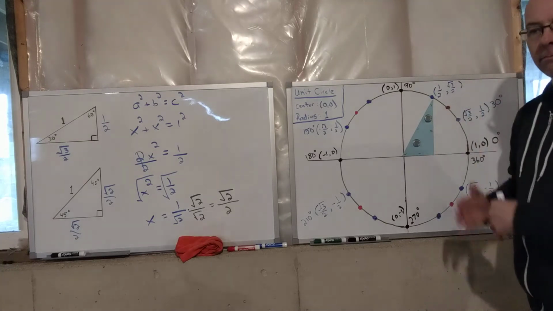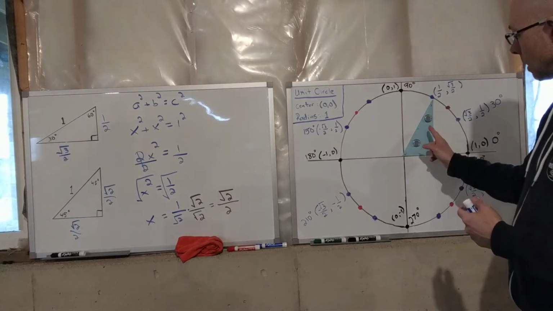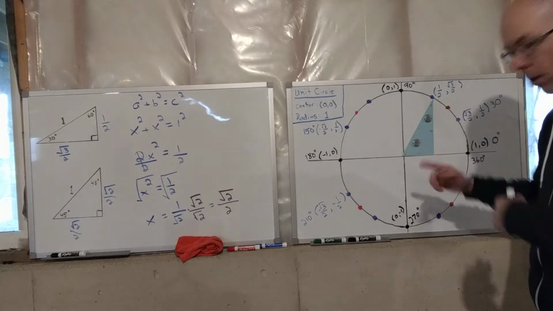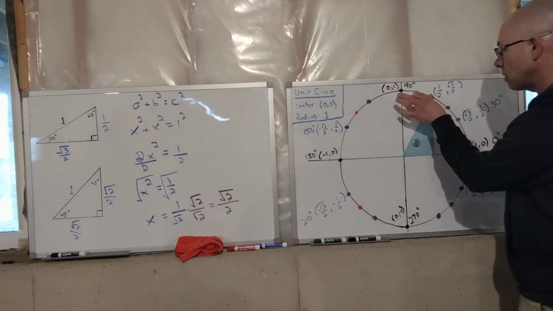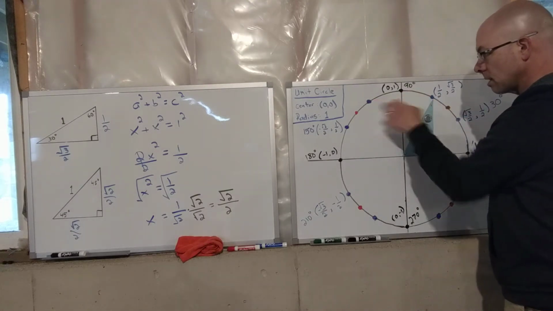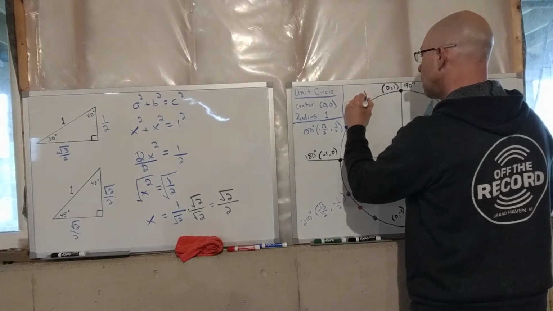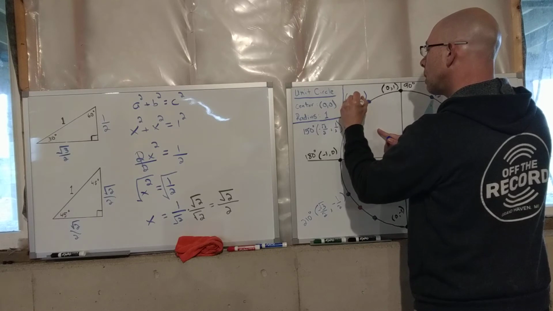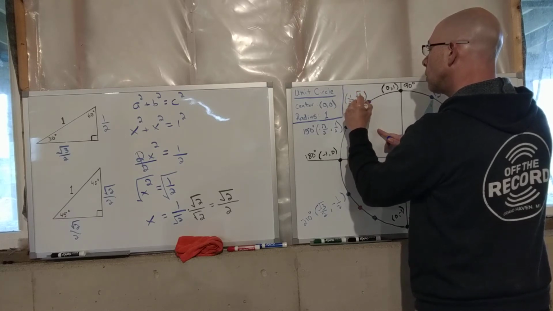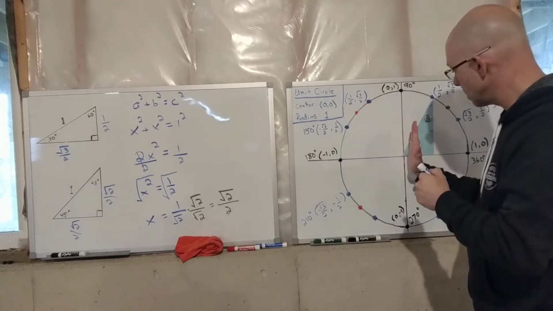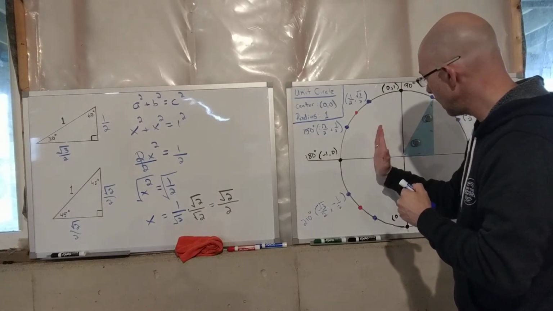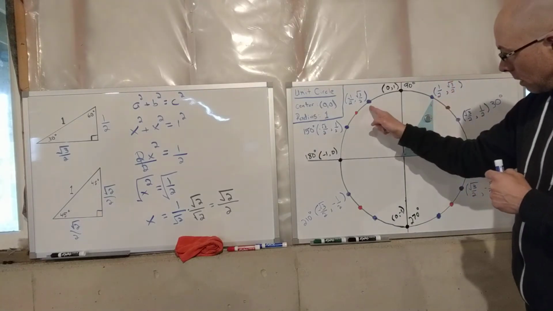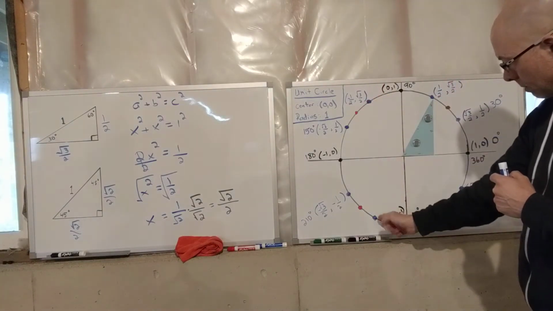Now, technically, I'm not going to do this, but I'm going to take this triangle, flip it over, flip it down, flip it across. Quadrant 2, 3, 4, and do that. Obviously, if you can see where this dot is, it's straight across to this dot. This dot will then be negative 1/2, square root of 3 over 2. And again, just look where that dot is. It's halfway up, square root of 3 over 2. That would flip straight down to this dot.